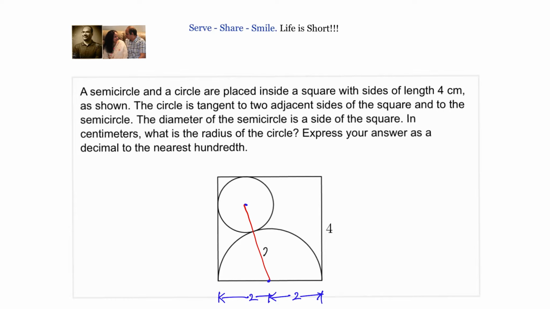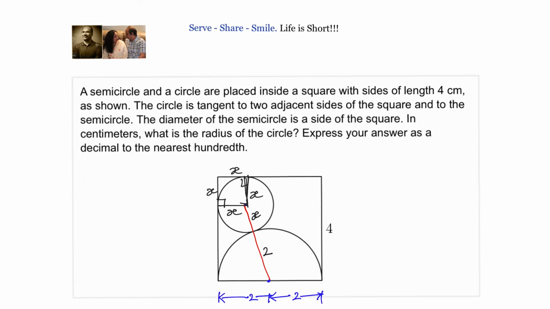So this part is equal to 2 and this part is equal to x. Now the circle is also touching the two sides, so we'll have 90 degrees here and 90 degrees here. Then this becomes a square with side of x. Now we need to find out the x value.